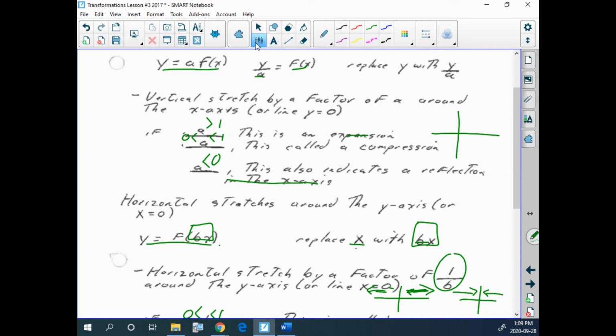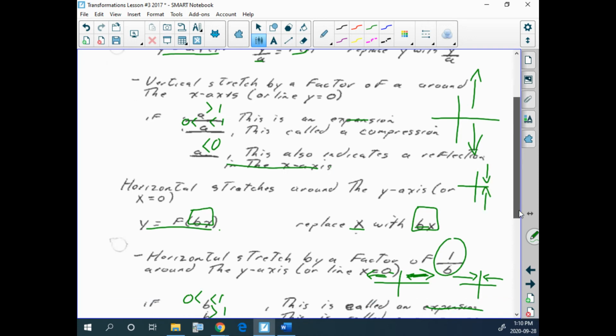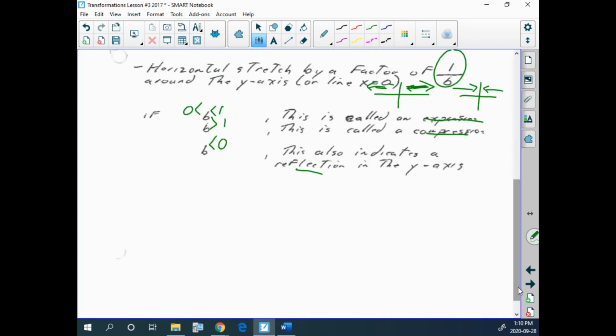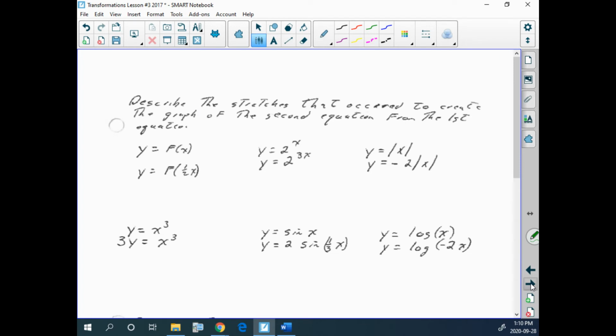So when we're talking about an expansion in a vertical, it would be expanding in this direction. And a compression would be expanding in that direction. So, going back to that idea. First of all, I am changing the x, and that's always going to be horizontal.